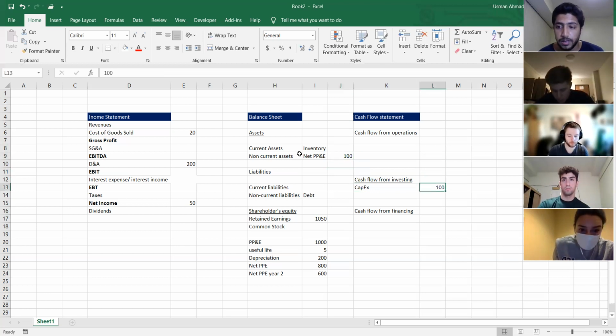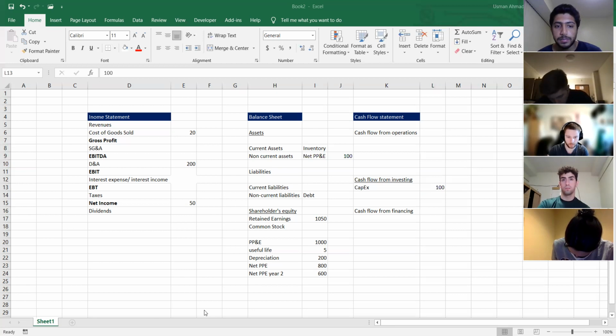It's basically the same figure here and here. So capex is a subtraction. Capex is a cash outflow, yes.